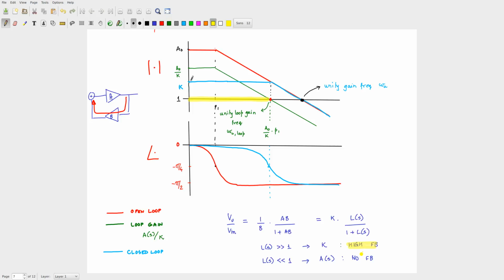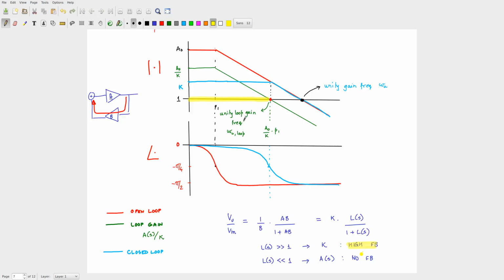So that's when you have feedback, and that's when your amplifier is operating the way you want, with the gain being K, provided your frequency is less than the unity loop gain frequency.